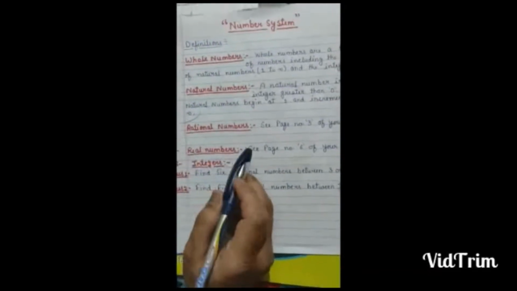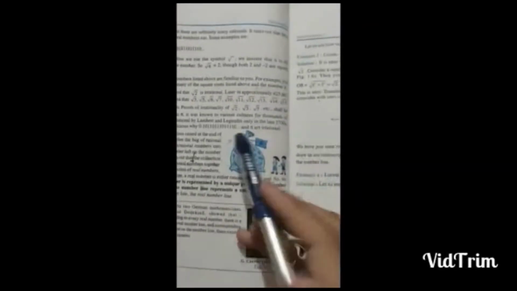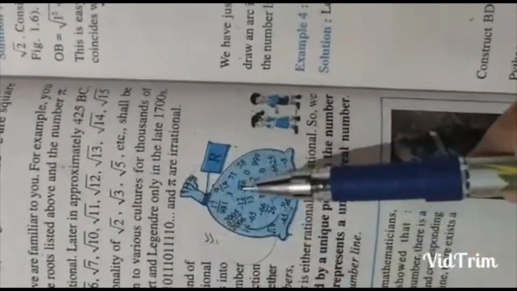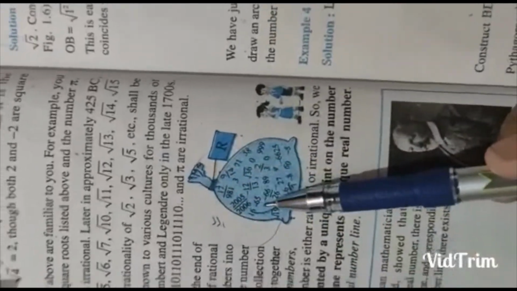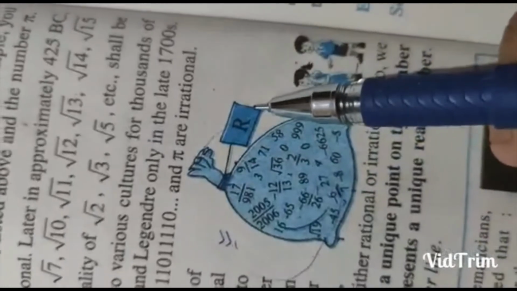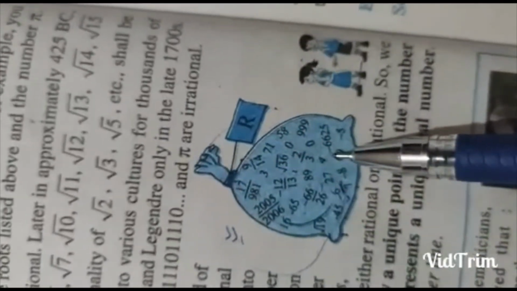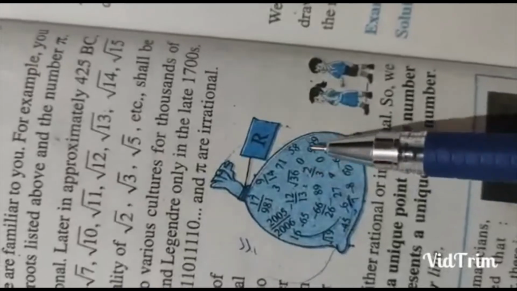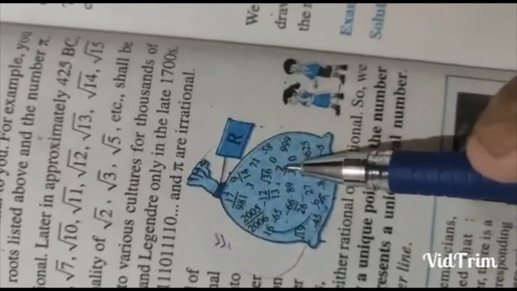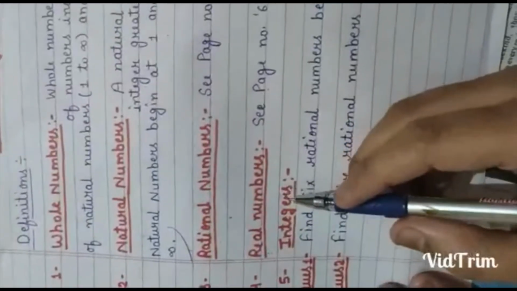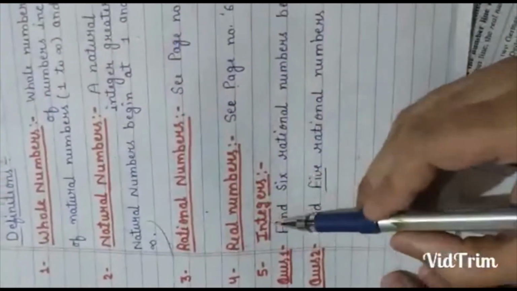And the fourth one is real number. The definition of real numbers is: the collection of all the rational numbers and irrational numbers together make up what we call the collection of real numbers, and it is denoted by R. As we look at this figure, this is a bag of real numbers, denoted by R, which contains all the numbers: natural numbers, whole numbers, rational numbers, integers, etc. Now the last one is integers.